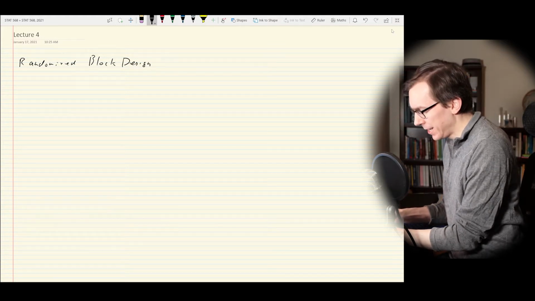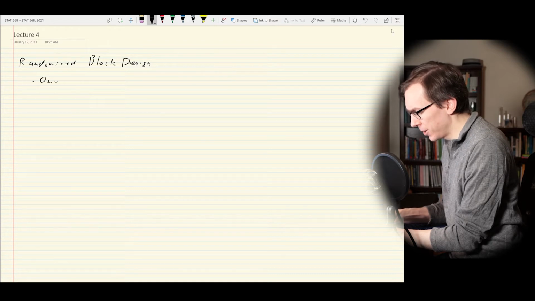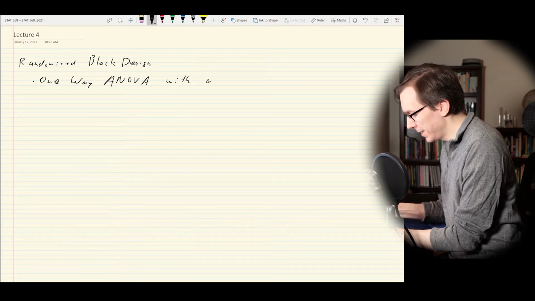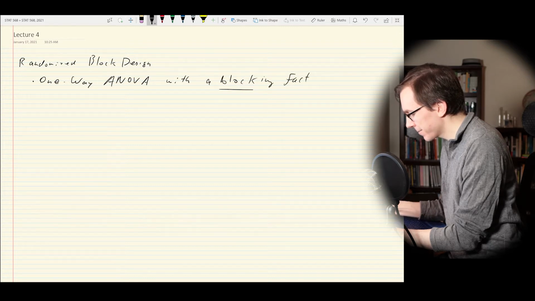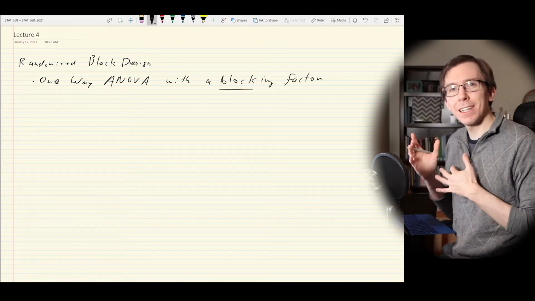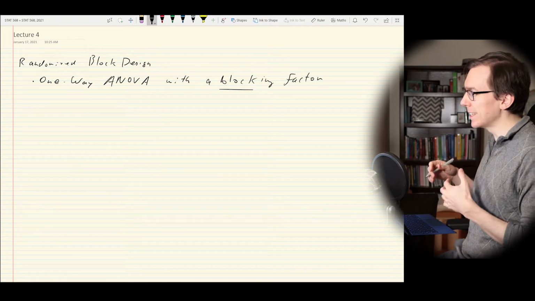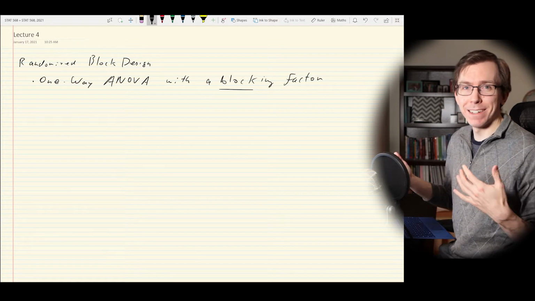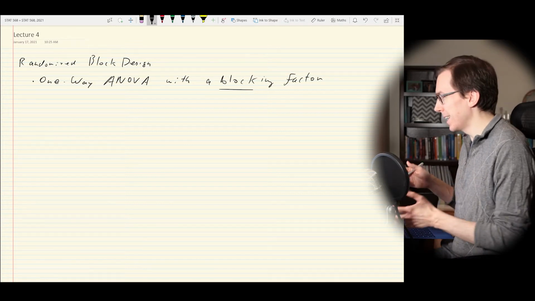And as I mentioned, the idea is really to do one-way ANOVA, but with a blocking factor. All right, so in the very first lecture of this course, I introduced the idea of a block factor, but I only introduced it by defining it and not really going into detail.